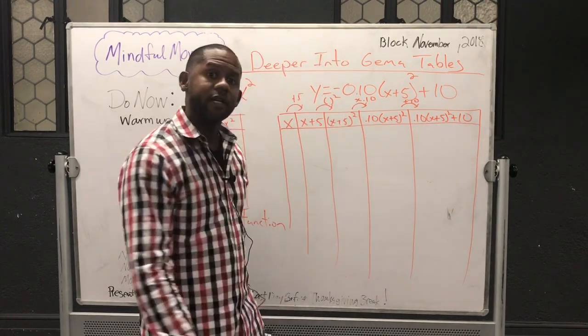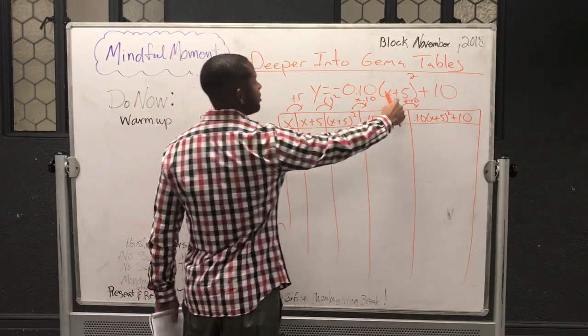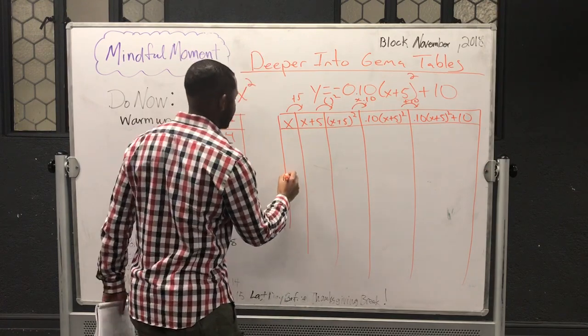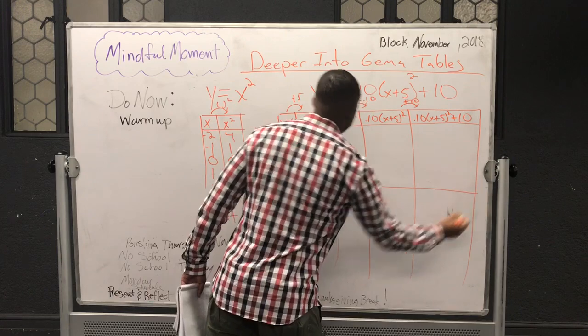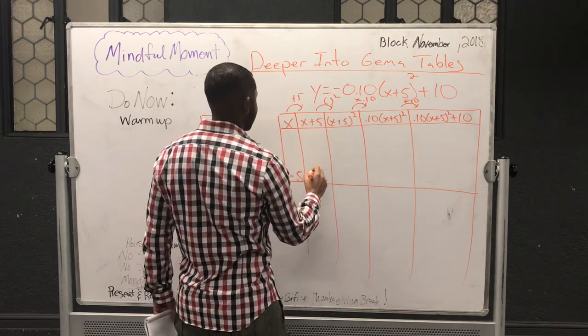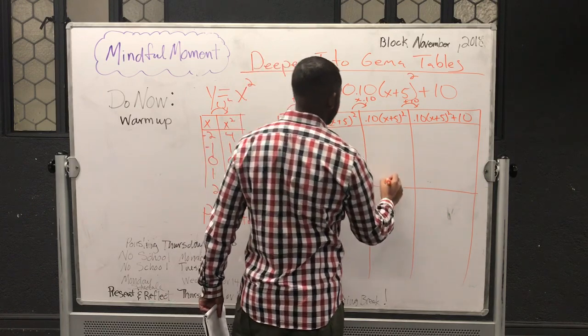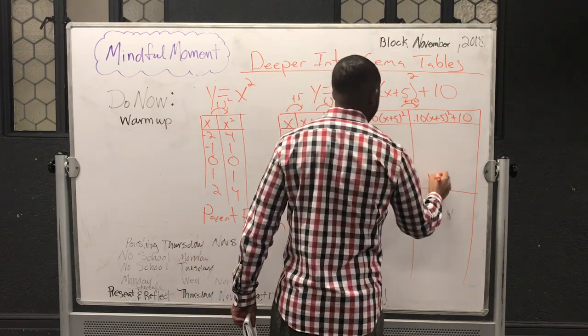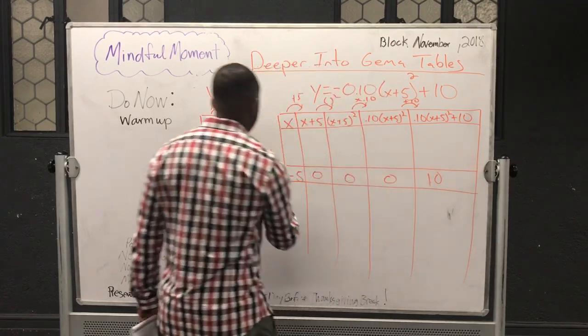Okay, so we set it up just like so. Now we're going to look at our vertex. It should be -5, 10, so let's go ahead and put that in here. X is -5. -5 plus 5 is 0. 0 squared is 0 times 0.10 is 0. Yep, -5, 10 is what we want for our vertex.